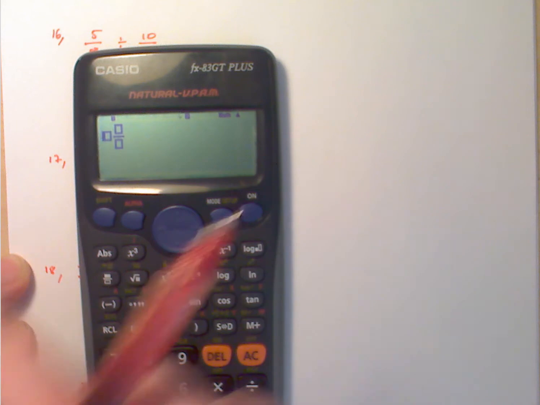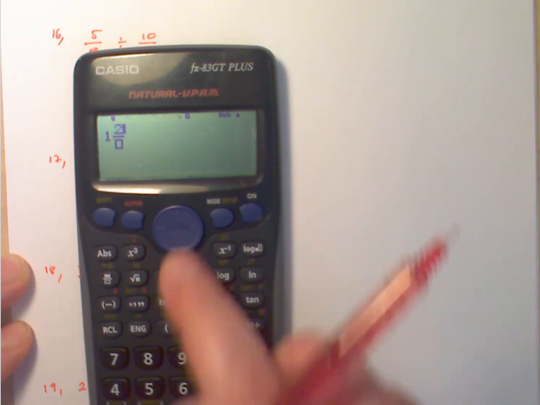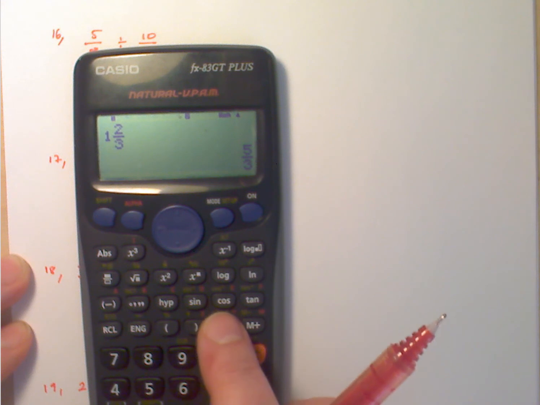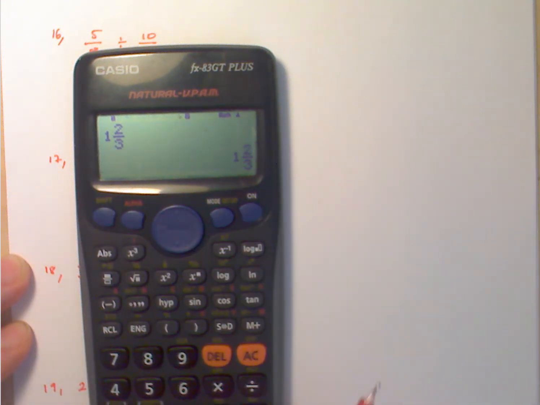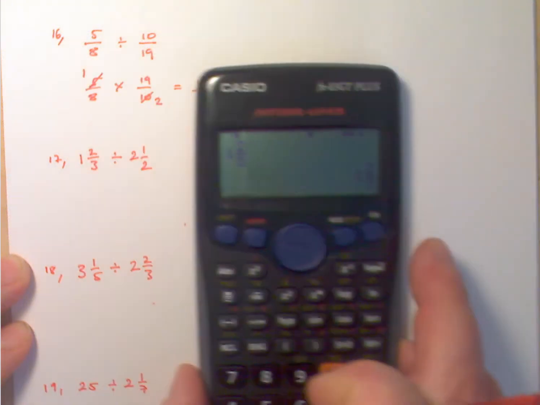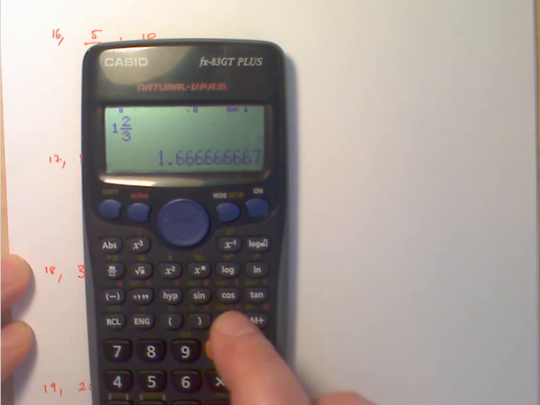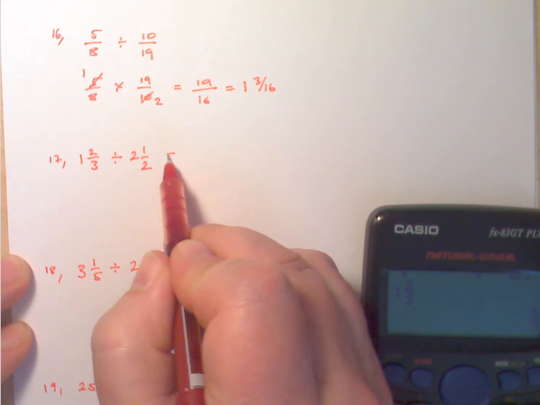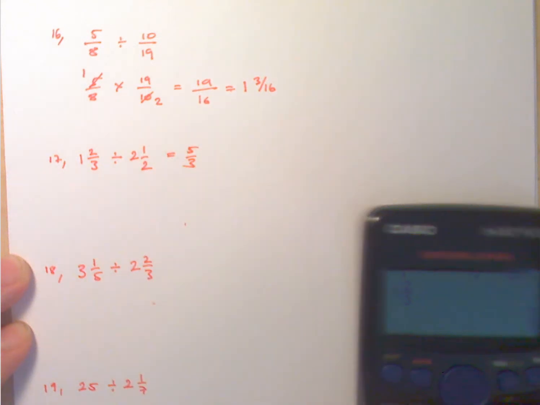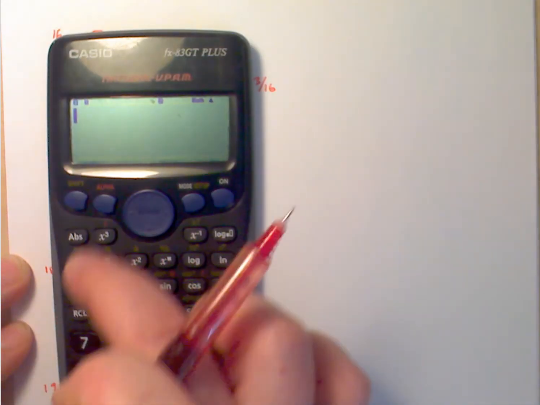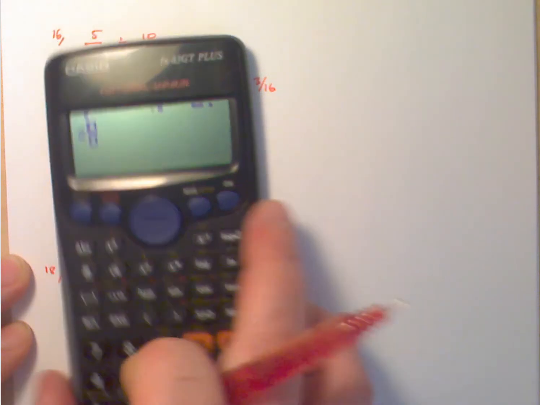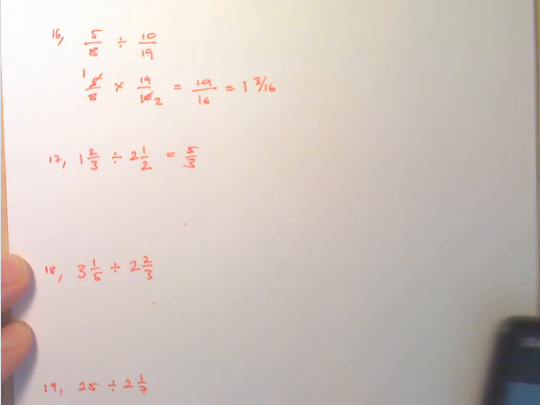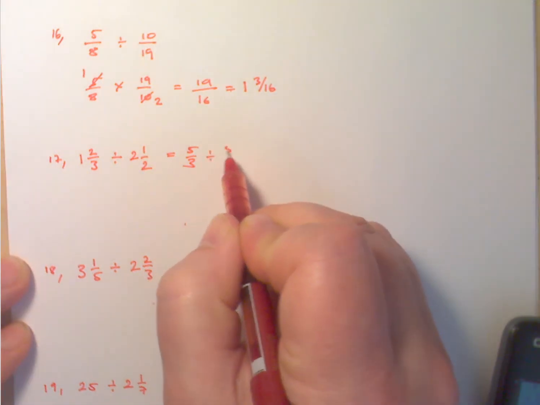So shift there, and then go 1 and 2/3, press equals, and then to change this, I'm going to press shift SD, that gives me 5/3. So 1 and 2/3 is equal to 5/3. And again, I'm going to use the mixed number button, 2 and a half is 5 over 2, so that's divided by 5 over 2.